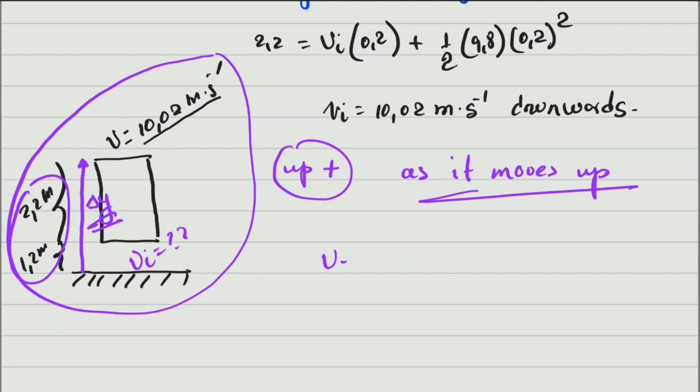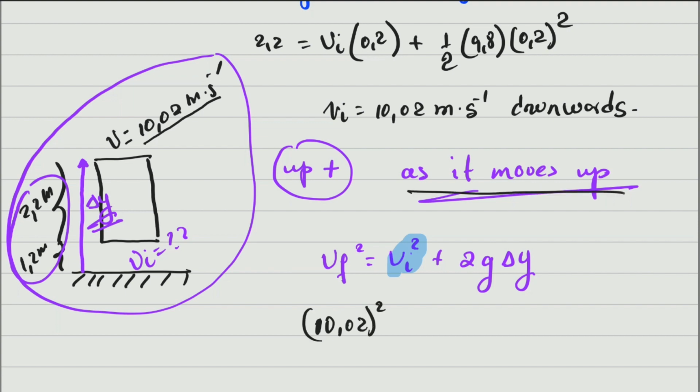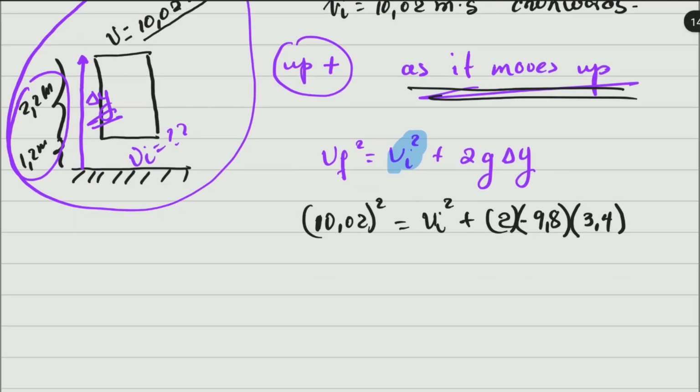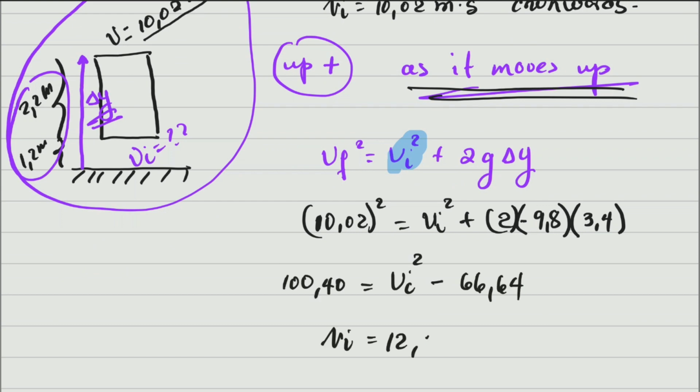We can say that the final velocity squared is equal to the initial velocity squared plus 2 times acceleration multiplied by the displacement. All right, we're looking for the initial velocity in this case, and when we do the substitution, that is the answer, because they're asking you for the speed.